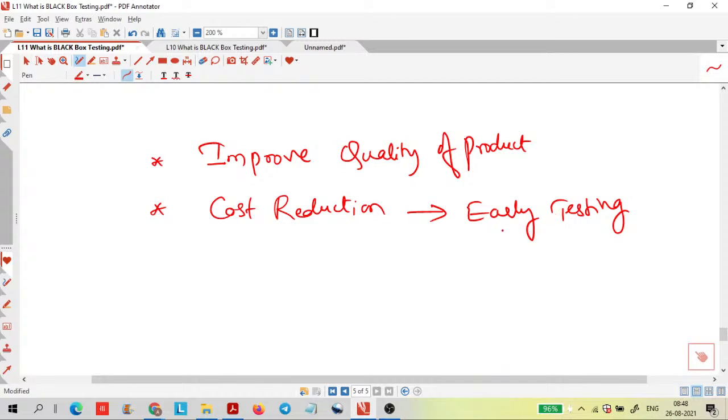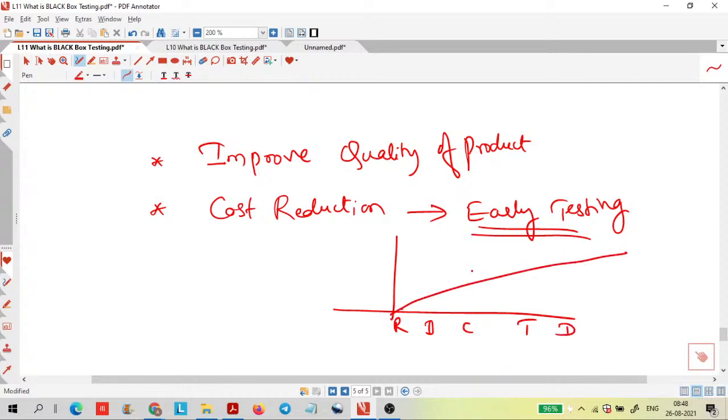As early as possible you need to go for the testing, like in the requirement phase, design phase only. These are the phases: requirement, design, coding, testing, deployment, maintenance. This is how the cost graph increases. If you fix the defects in these early stages, the cost will be less.